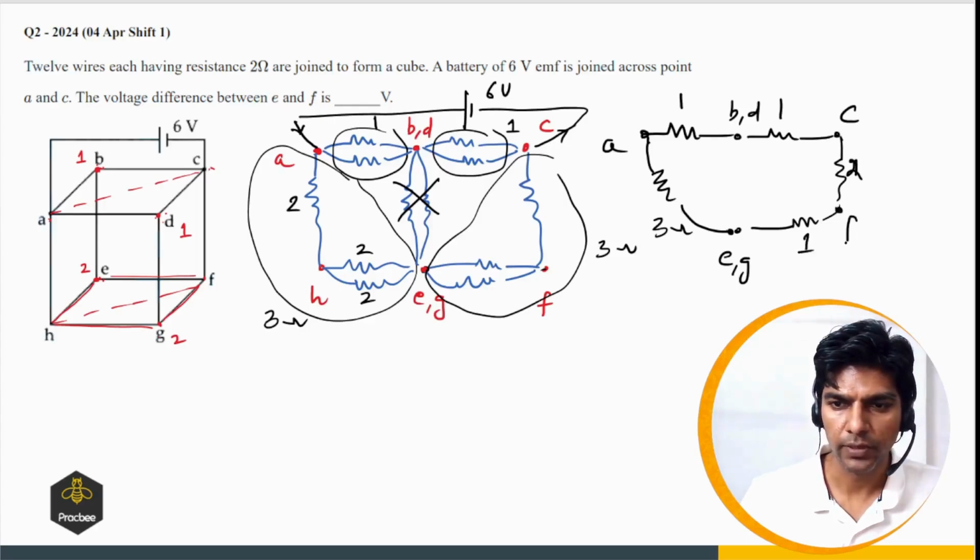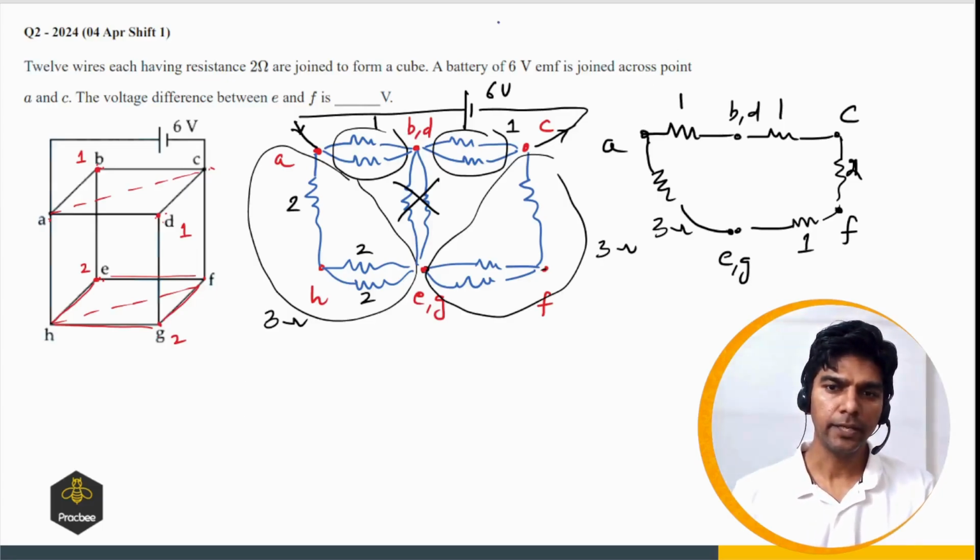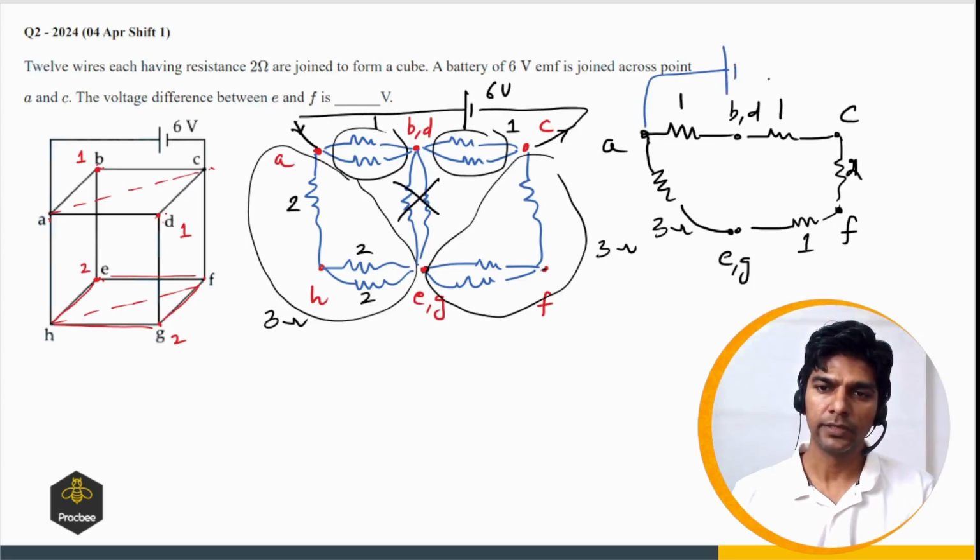And this point is F, and there is a battery connected between A and C, 6 volt.